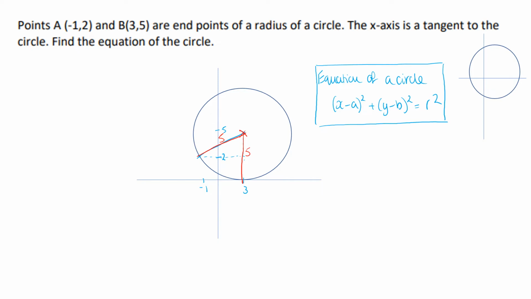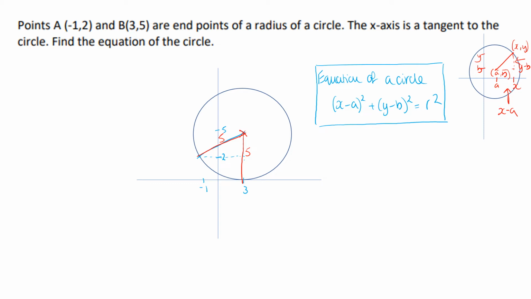The equation of a circle is x minus a all squared plus y minus b all squared is equal to r squared, where (a, b) is going to be the center. So this comes from Pythagoras, because if we take any point (x, y) on the circle, with center at (a, b), then this distance here is going to be x minus a, and this distance here is y minus b.